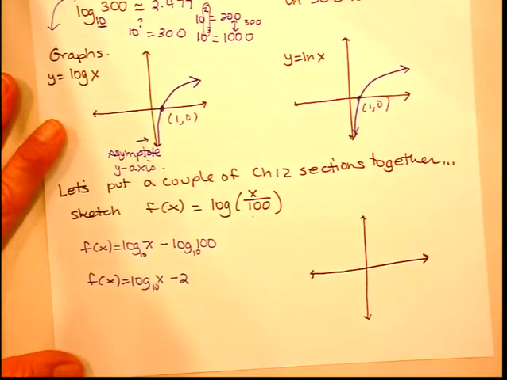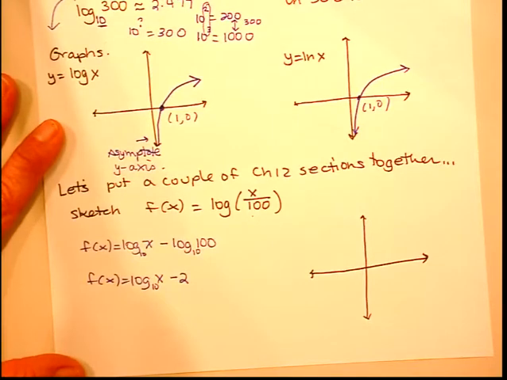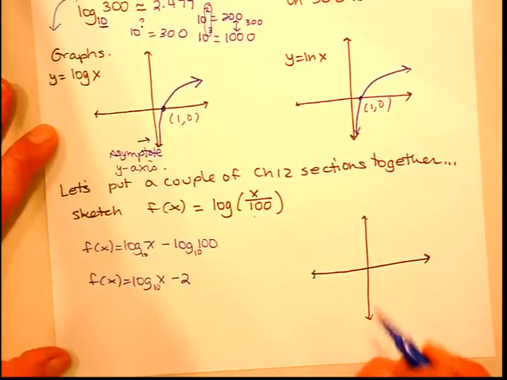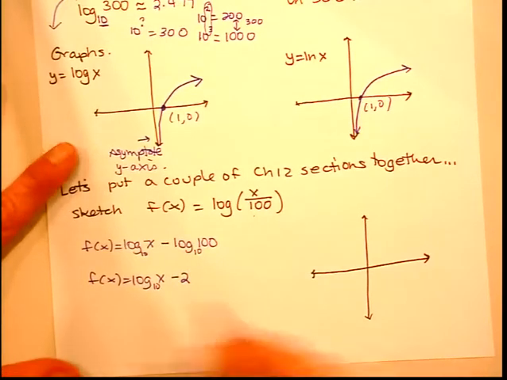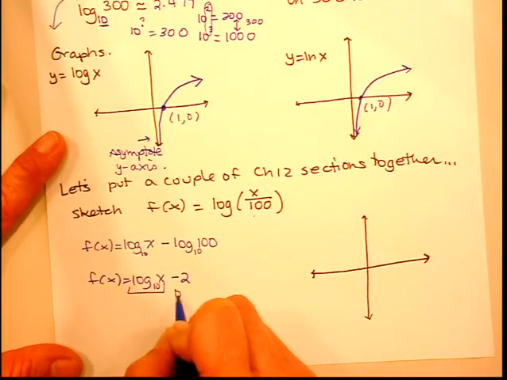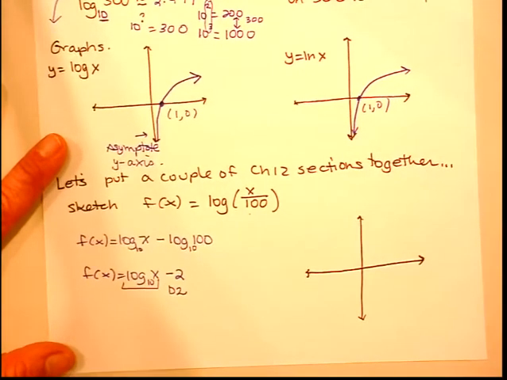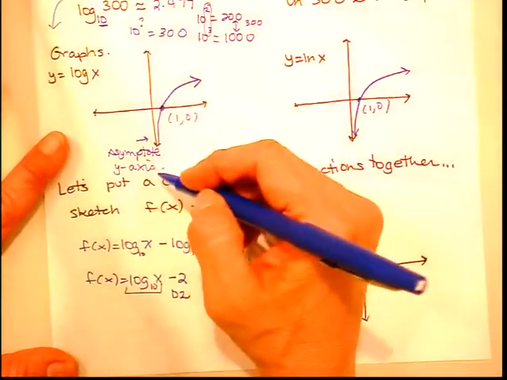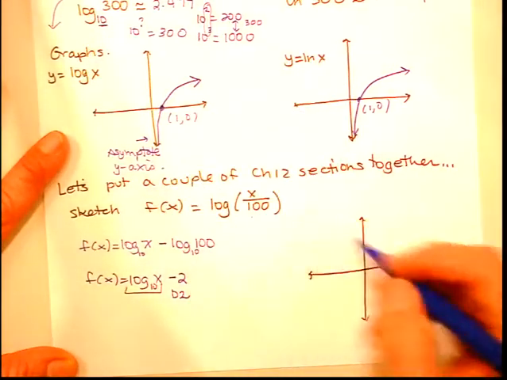So from way back in chapter 7, no, maybe chapter 11, when we were moving our quadratic functions, same idea. I'm going to take my basic shape and move it down 2. Now I don't have very many points on my graph. In fact, I only have one. So that's the only one I'm going to move.